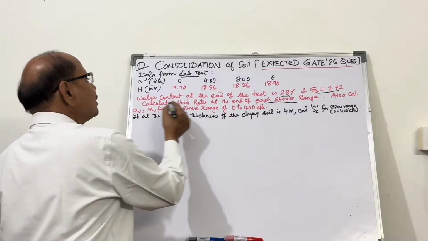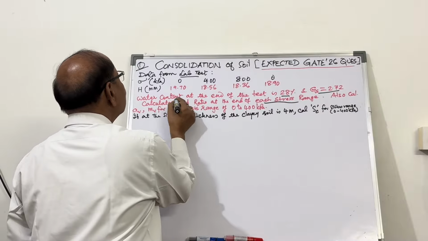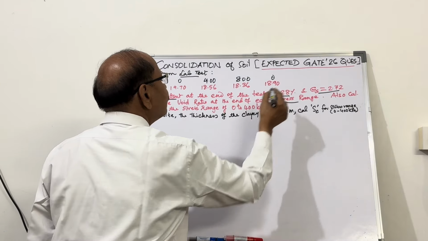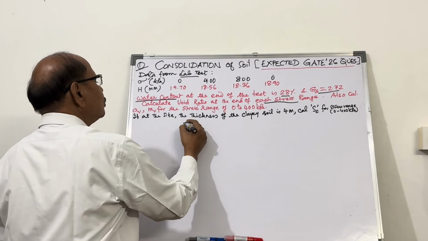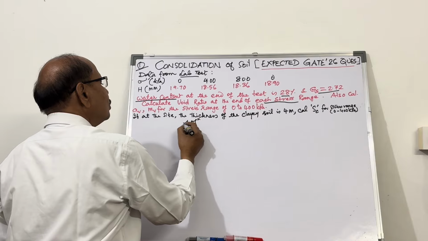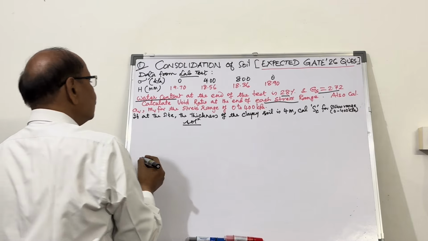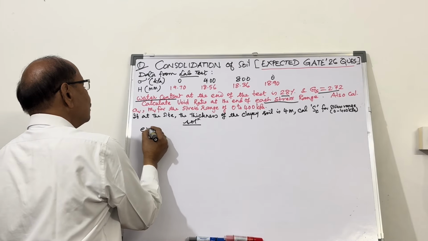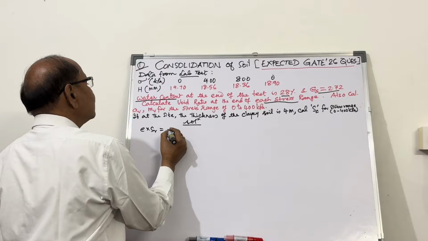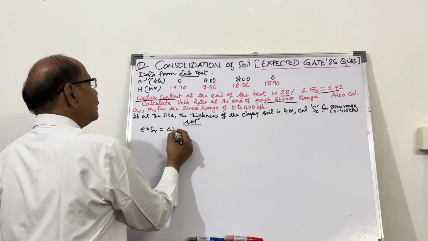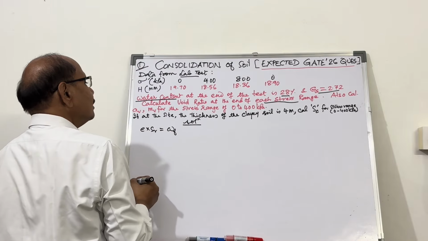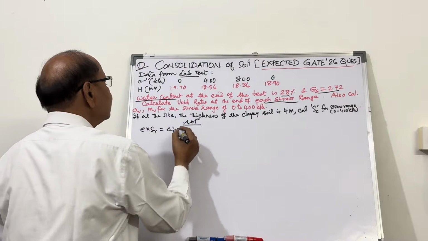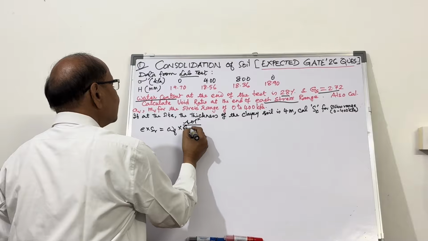Now here you can see that the water content is given to you at the end of the test. If you go to the solution, what is known to us is e into SR equals the final water content into GS.